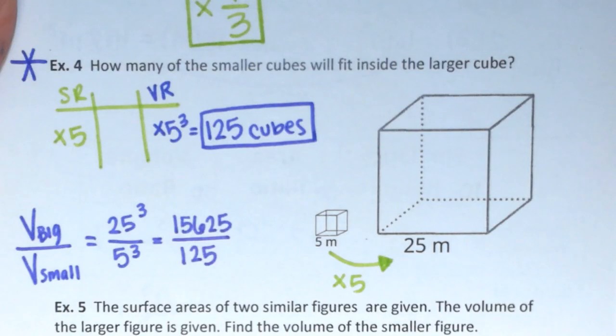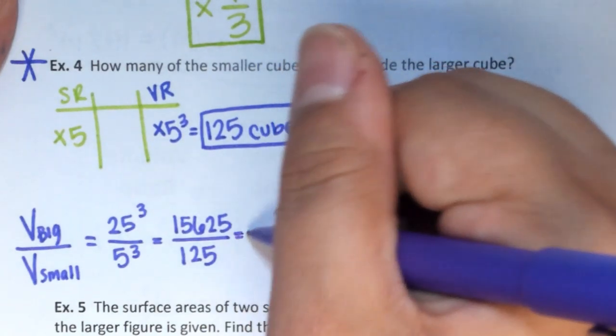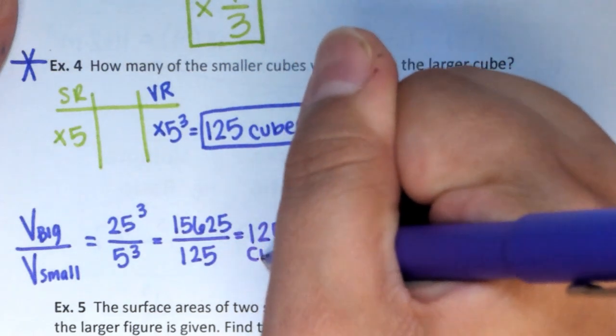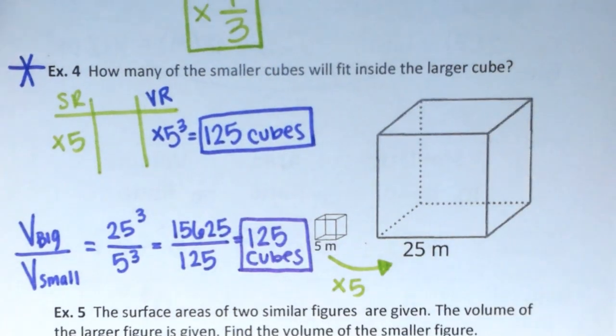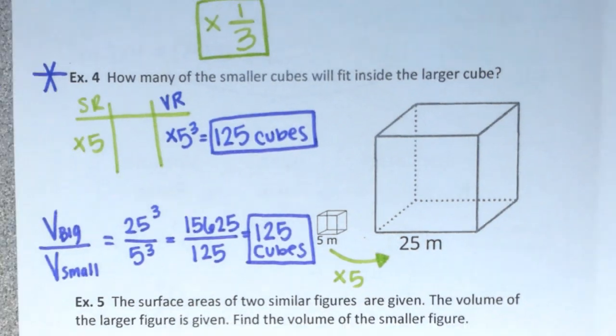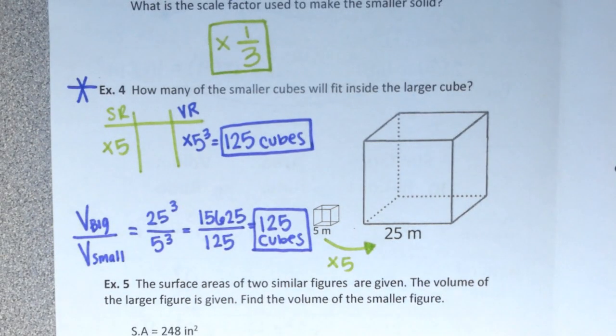Or you could just straight up do 25 cubed divided by 5 cubed. Either way, you get 125. So these are just two different ways to find this answer. You can either divide to see how many fit in, or you can just do your chart. Are we okay? Write that down.